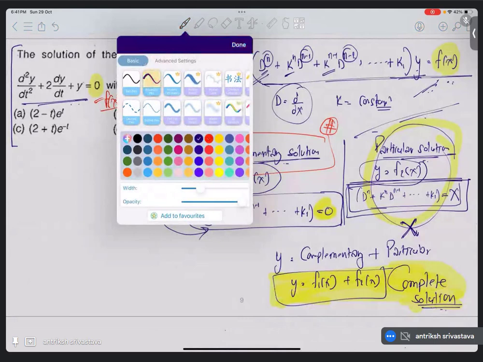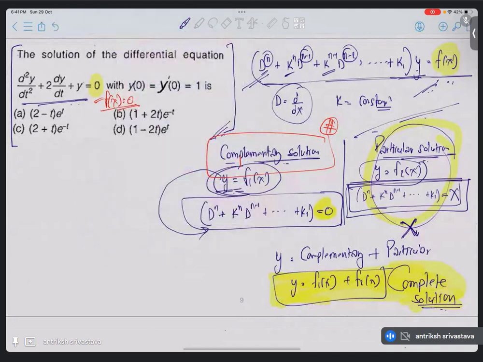So here we have an expression given to us: d square y by dt square plus 2 dy by dt plus y is equal to 0. Now let's write it in the form (D square plus 2D plus 1) into y is 0.